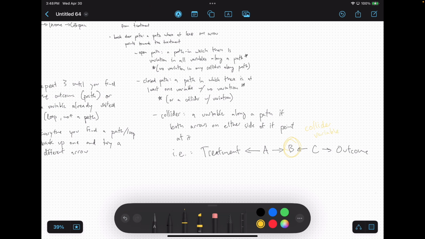Okay. So if you have a path that looks like this, the one thing to note is that this is closed by default.